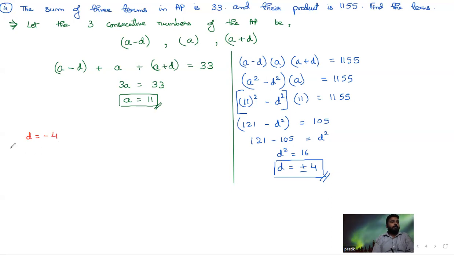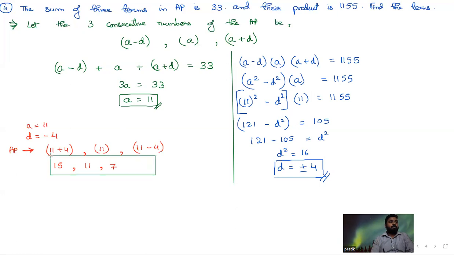So from here, my AP, if A is equal to 11 and D is equal to 4, then the first term is a minus d, that is 11 plus 4, because minus of minus d, comma 11, comma 11 minus 4. So that is 15, 11, 7. Okay, that's my AP in the first case.